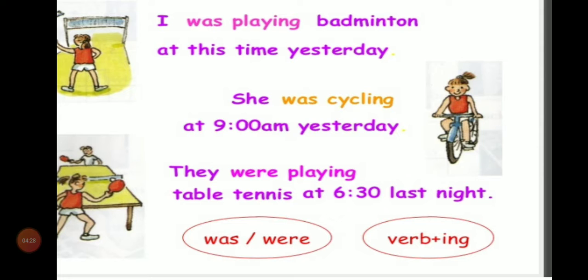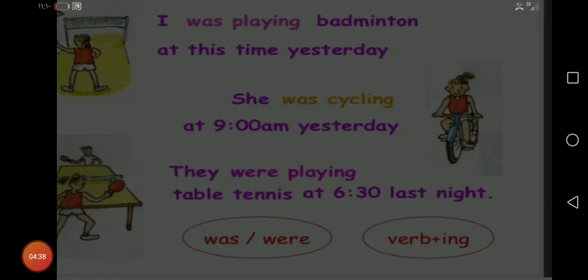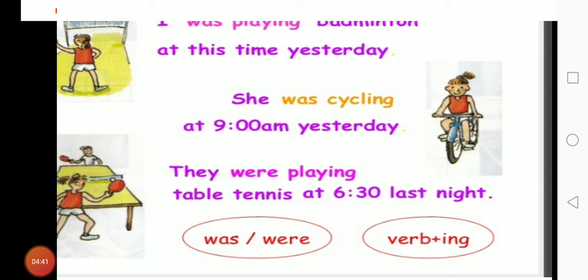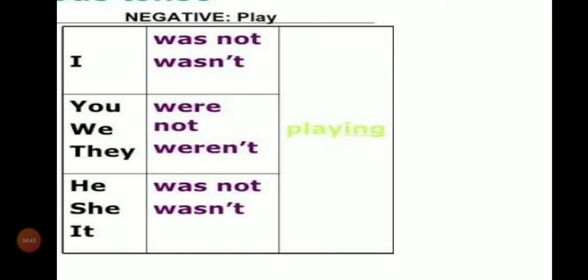She was cycling at 9 a.m. yesterday. They were playing table tennis at 6:30 last night. As for the negative form, we simply write a word made up of three letters after was and were.